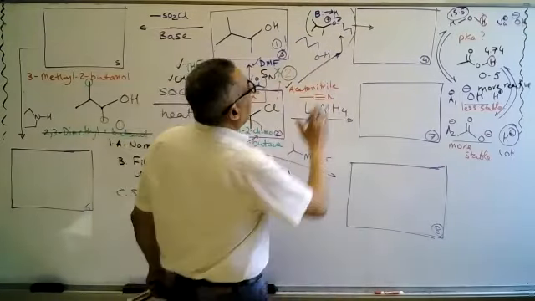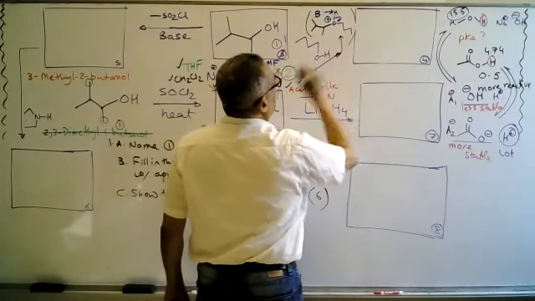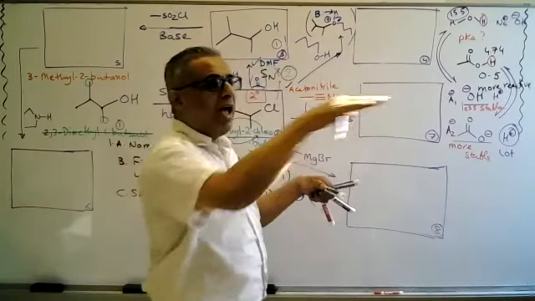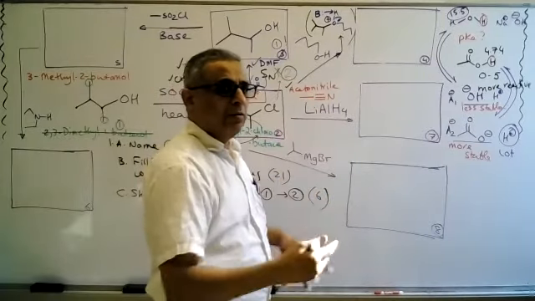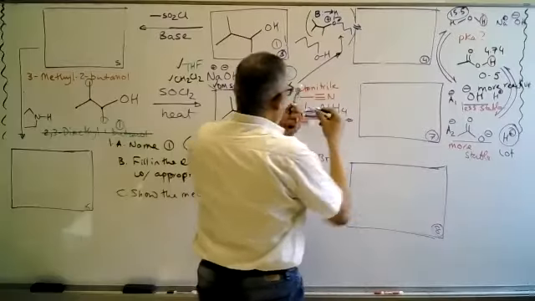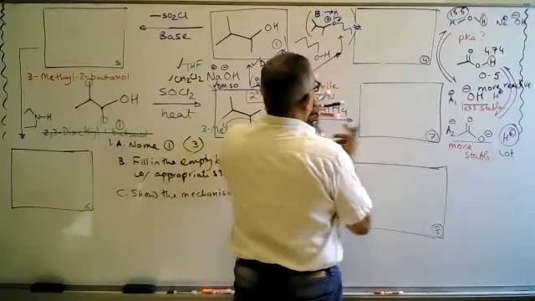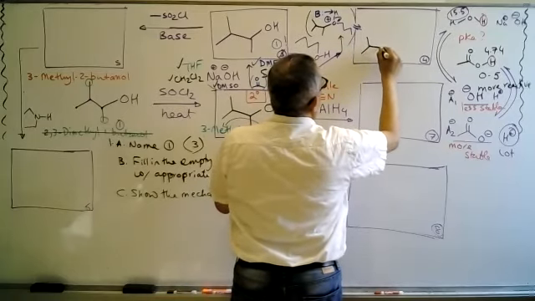Thank you. What arrow should I use if you're doing this as part of a mechanism? Equilibrium arrow, half, or one-headed arrow, or double-headed arrow? Which one is the correct one? Equilibrium arrow, thank you. Then you get the final product that looks like this strange species.